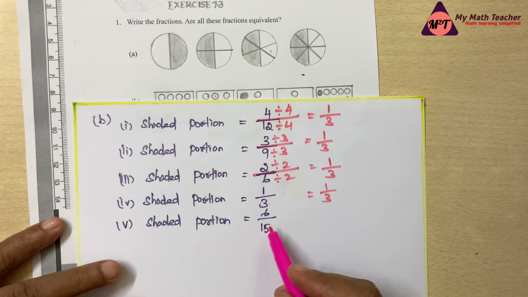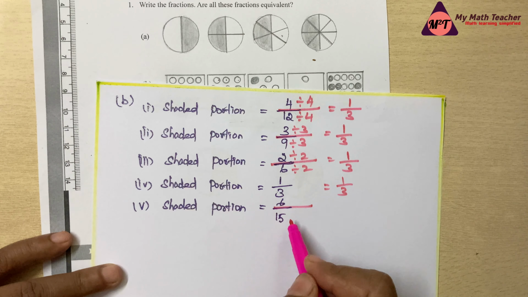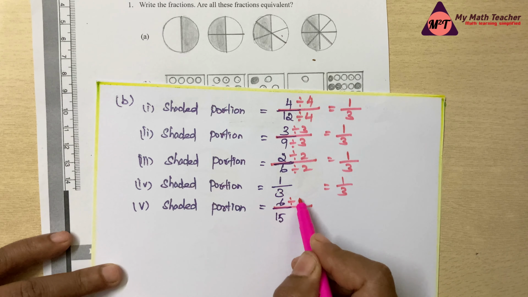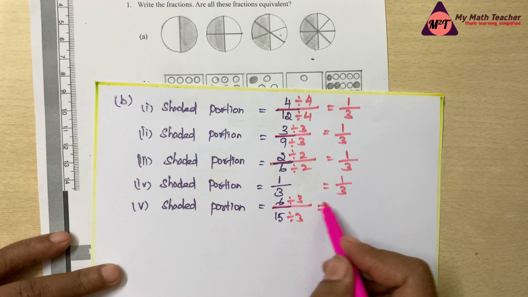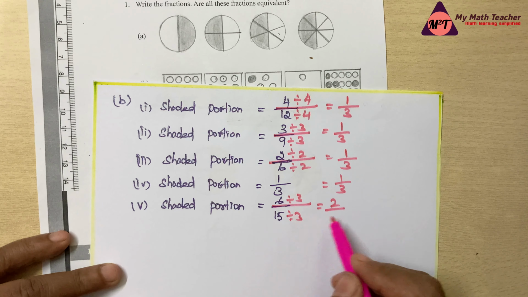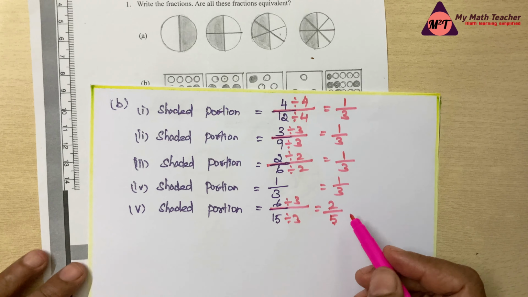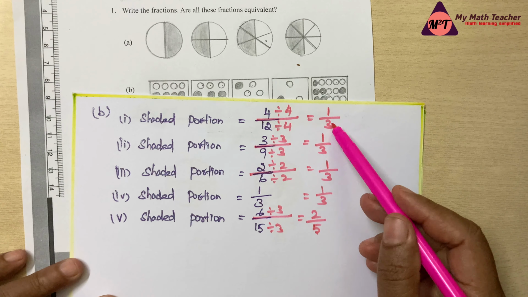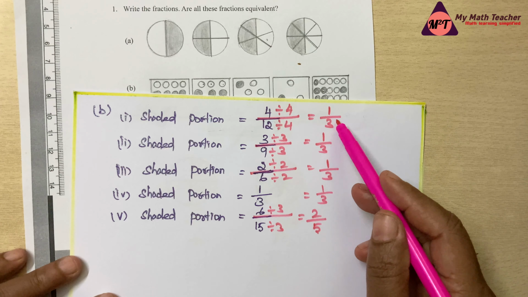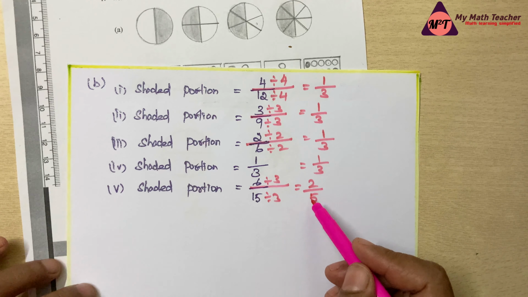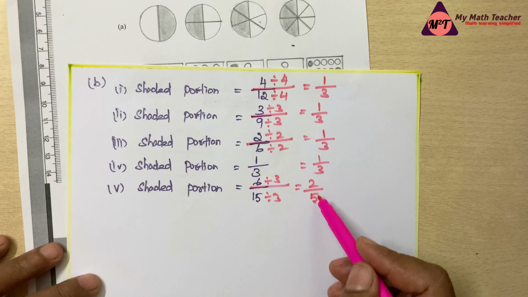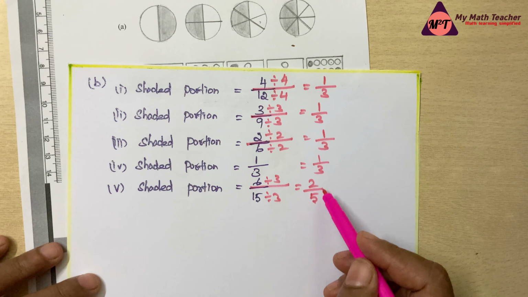6 divided by 15. We can divide 6 by 3. Yes. Again here 3. Use 3 here. 6 divided by 3 is 2 here. 15 divided by 3 is 5. Okay. Now we can say that the first 4 are the same value, 1 by 3, whereas the last one is 2 by 5, because we can't simplify both the numbers further.